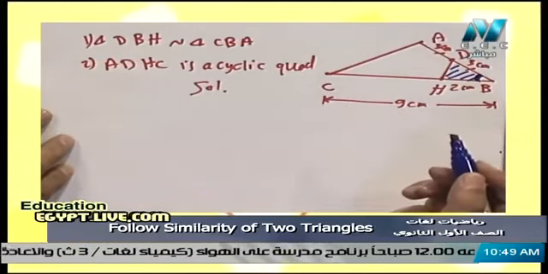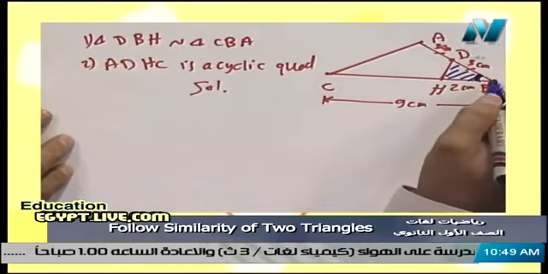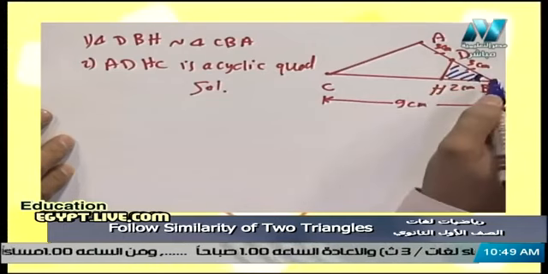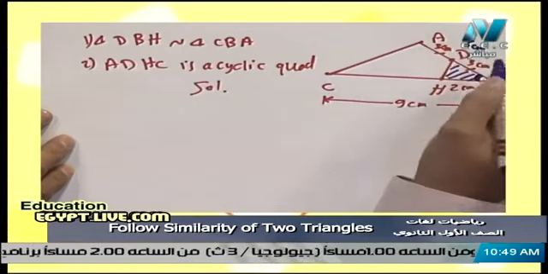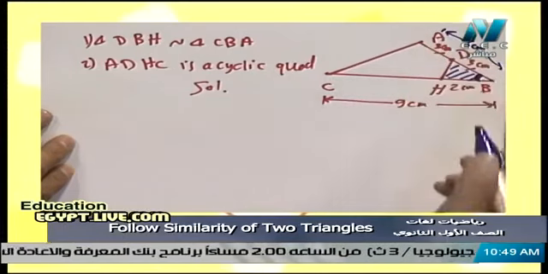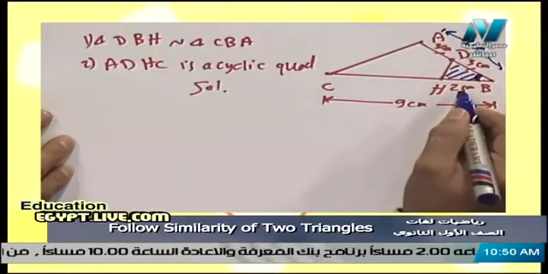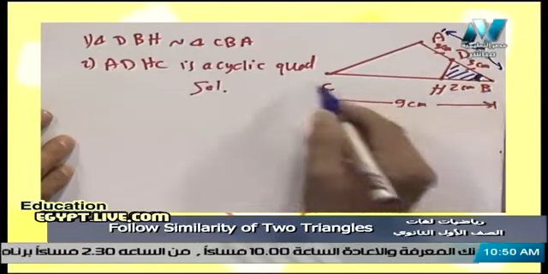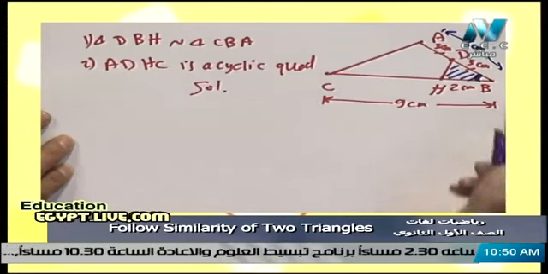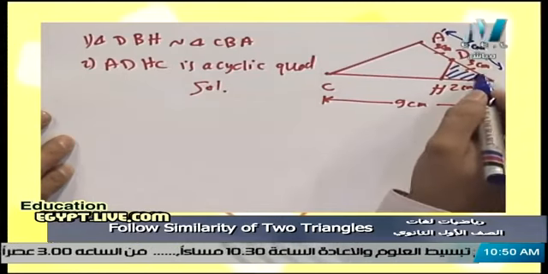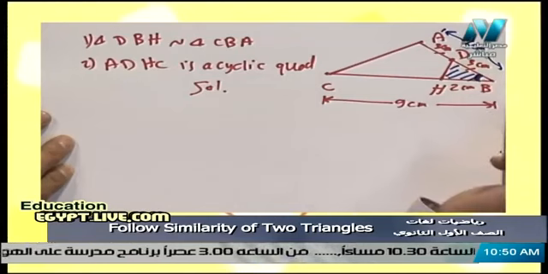And look carefully at BD and BA. BA here equals 6 centimeters, the whole side, and BH equals 2 centimeters, and the whole side BC equals 9 centimeters. Someone says, what about this? Is it the included angle? Yes, of course.